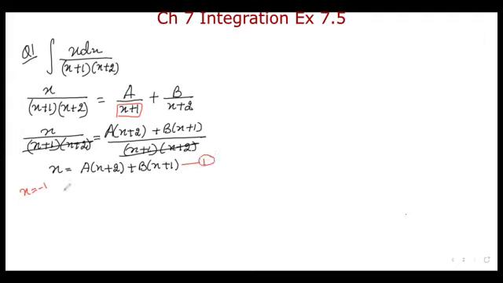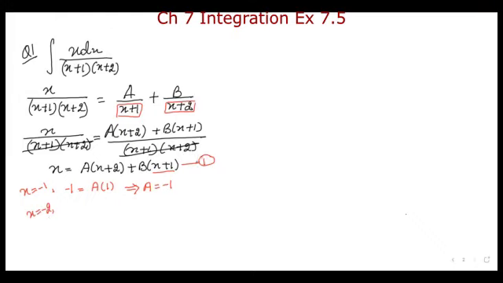So when I put x = −1, this side only x, so −1. Here −1 + 2 is 1. And if I put x = −1, this will become 0. So directly I will get the value of A as −1. Similarly, from the next factor, by putting x + 2 = 0, I will get x = −2.